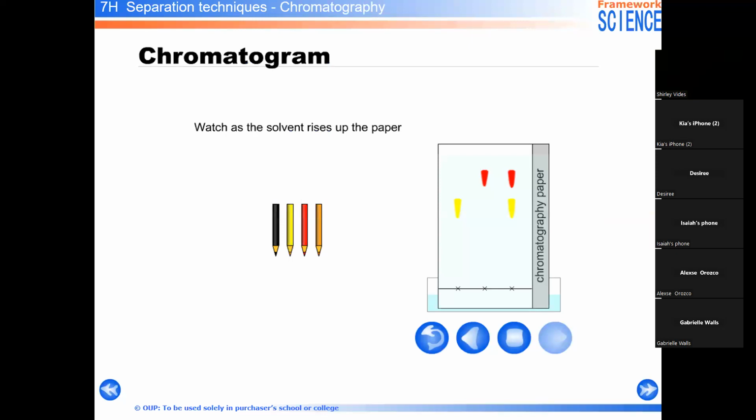Now, there's another technique known as chromatography, and this is a chromatogram. Something is missing here because my permissions that I used to have don't work anymore, so I'm going to do it manually.